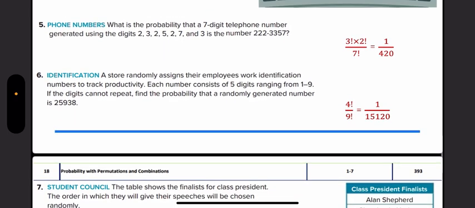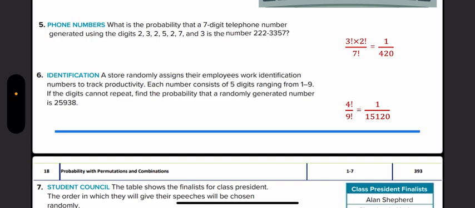Now, from here, questions will start to have the repetition, I think. Yes, let's see. What is the probability that a 7-digit telephone number generated using the digits 2, 3, 2, 5, 2, 7, and 3 is the number 2223357? As you can see, we are choosing from 7 digits. So in the denominator, I will put 7 factorial.